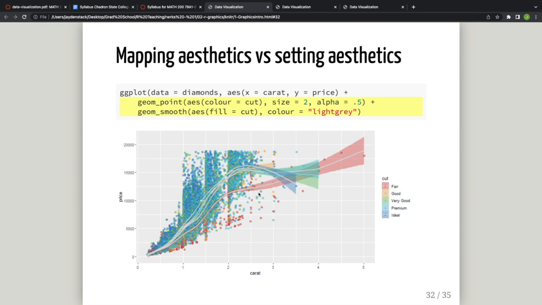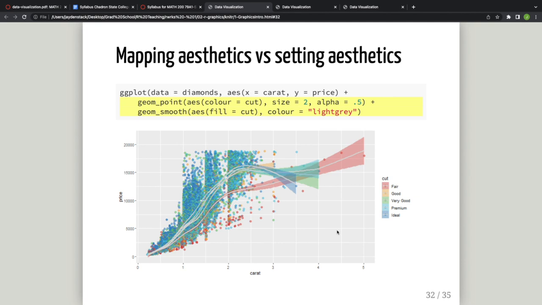But something very useful that we did not see earlier is that the dark blue, the ideal cuts, looks like they have almost an inverse relationship as it goes on with carat. That's a pretty interesting finding if you ask me. You can see that good is still on an upward trajectory, very good still on an upward trajectory, and premium still on an upward trajectory, but ideal, interestingly enough, has a downward trajectory as carats gets larger.